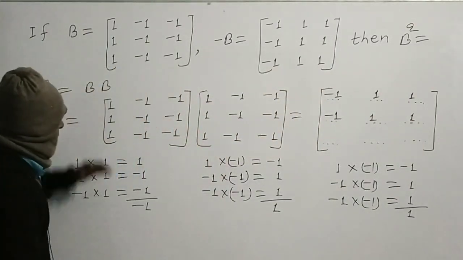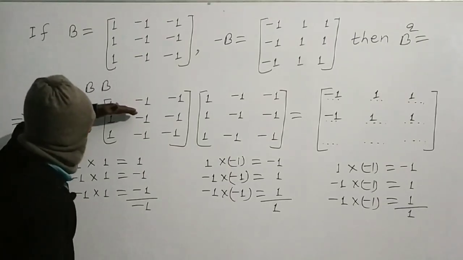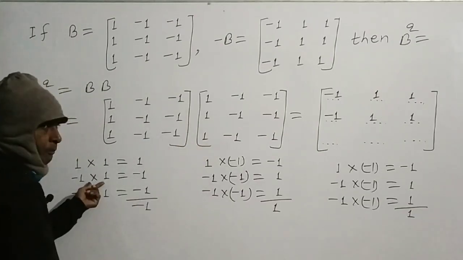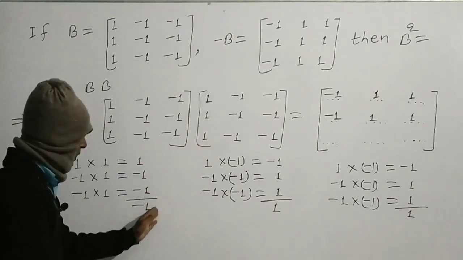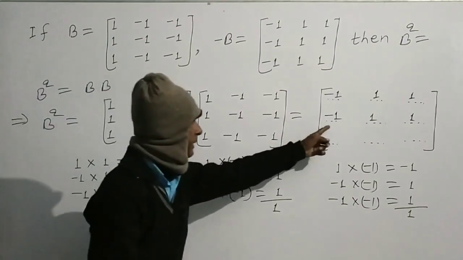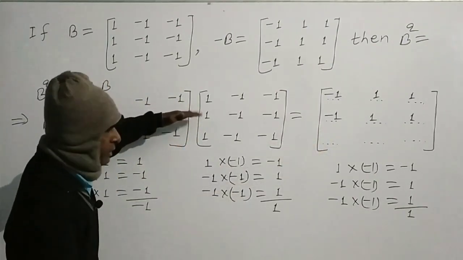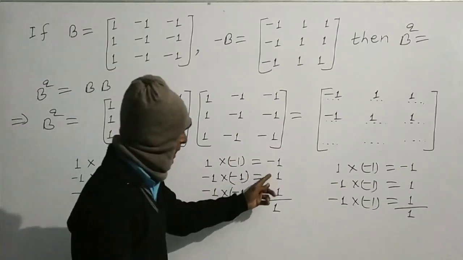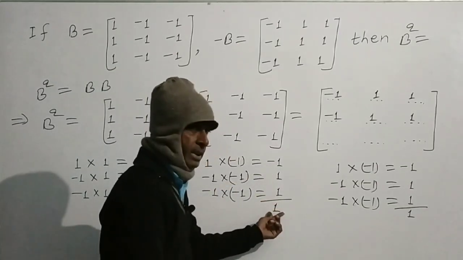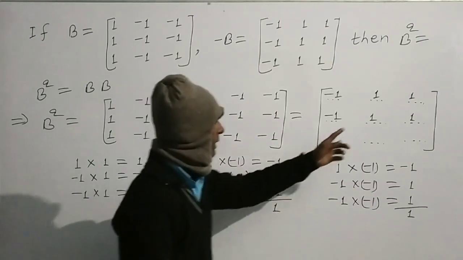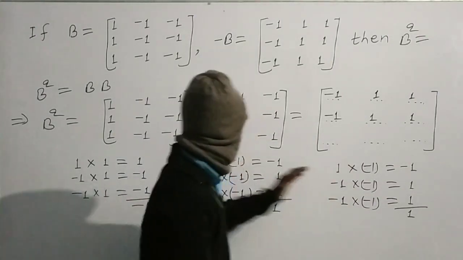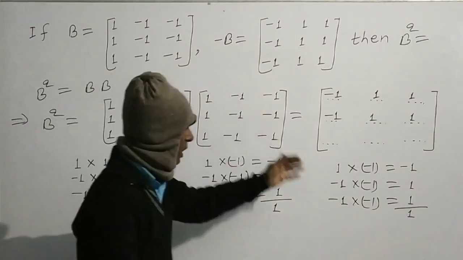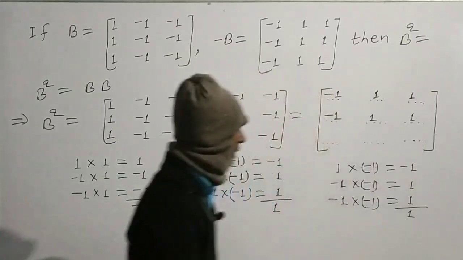What have we done? We have multiplied elements of the second row with elements of the first column. Add all these three products and write here. Then we multiply elements of the second row with elements of the second column, add these three products and write this sum here. In this way, we multiply elements of the second row with elements of the third column and write this sum here.